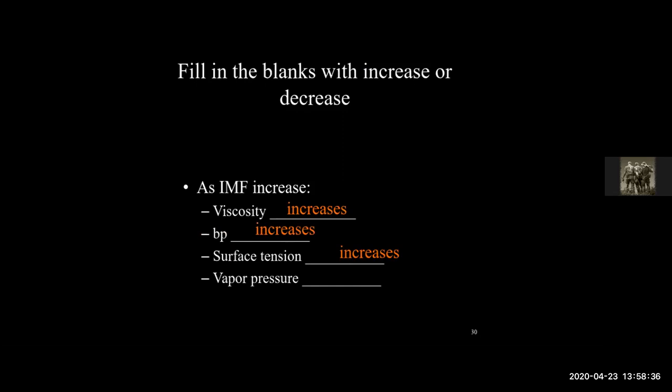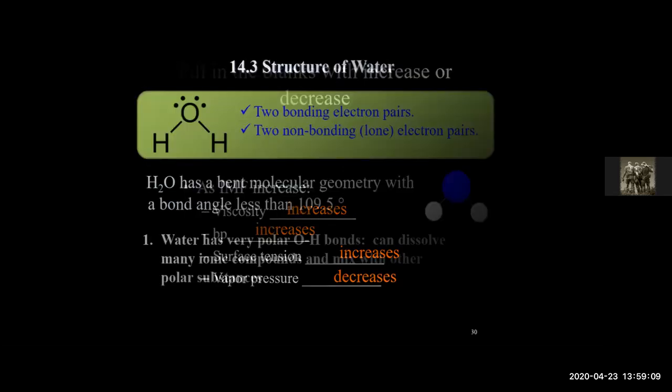That means viscosity, boiling point and surface tension go up, which means that less liquid will go into the gas phase and therefore its vapor pressure drops. Here the question was what happens as IMF increases, but the question could be: as IMF decreases, what's the result? So try to answer the question as if it said decrease rather than increase; it would be the opposite.